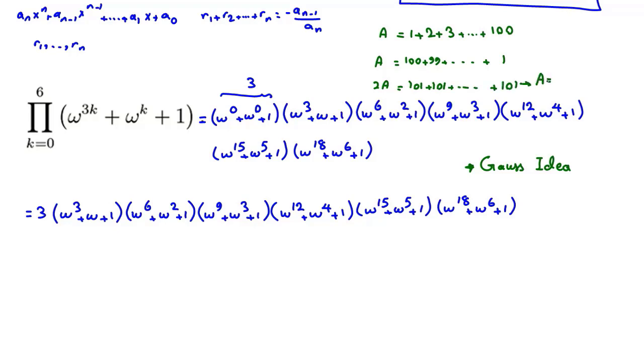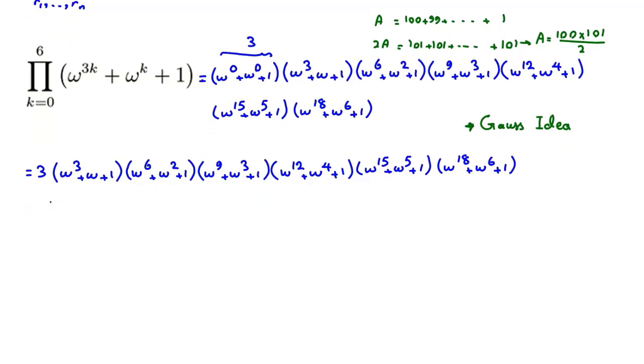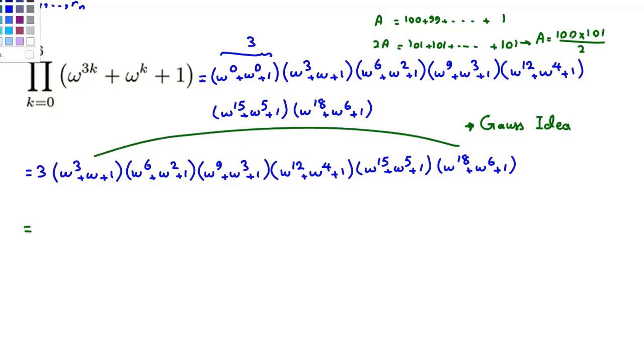So a equals 100 times 101 over 2. We call it Gauss's idea. You consider first and last, second and second from last. And here we want to use exactly Gauss's idea. That means we multiply these two, then, let me write the next with another color, the second and second from last, and in the last case we multiply with red this and this.